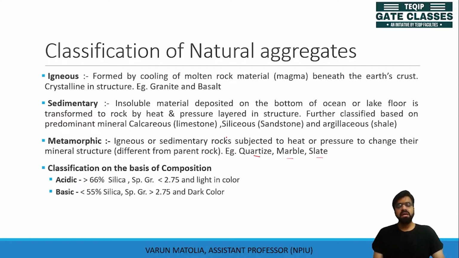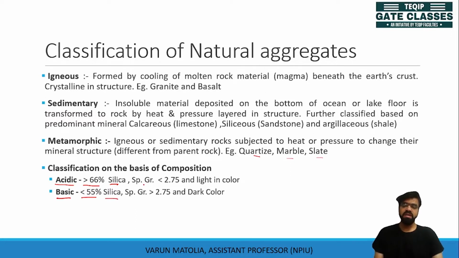Now these aggregates can also be classified on the basis of their composition. They can be classified as acidic aggregates and basic aggregates. Acidic aggregates have more than 66% of silica in them, whereas the basic aggregates have less than 55% of silica in them.